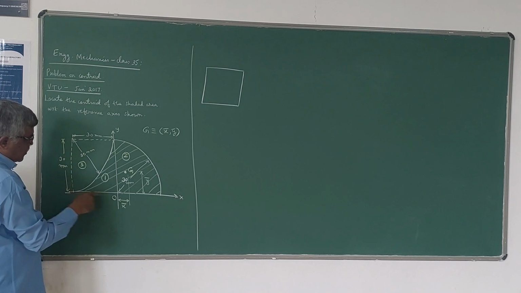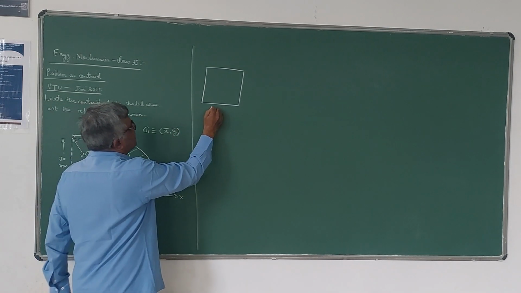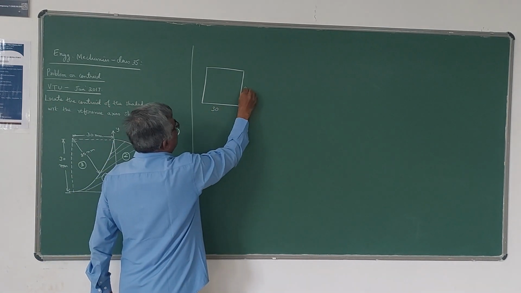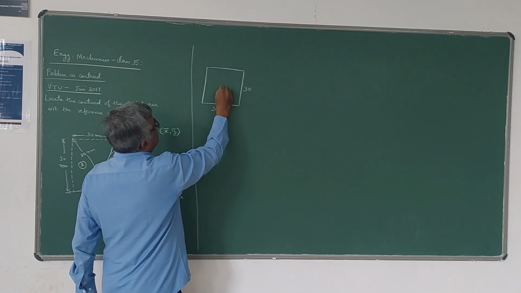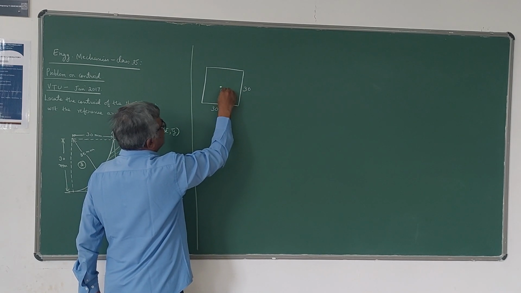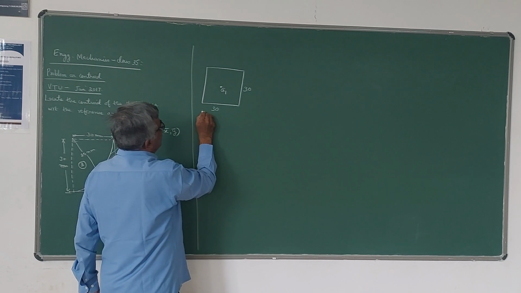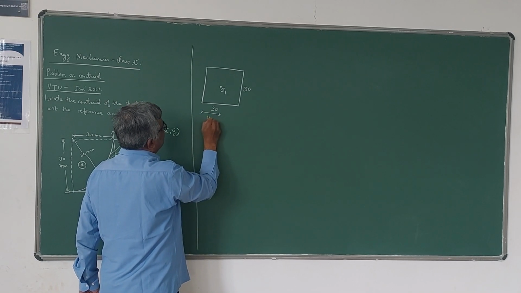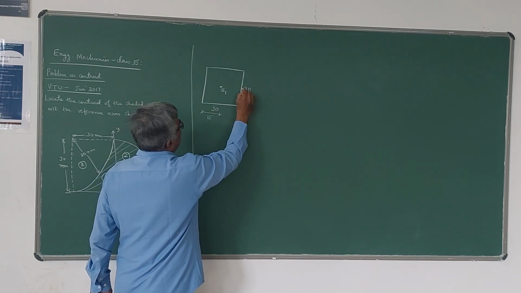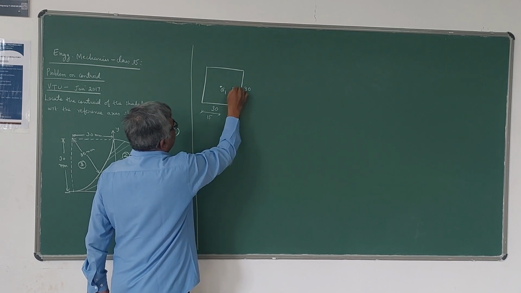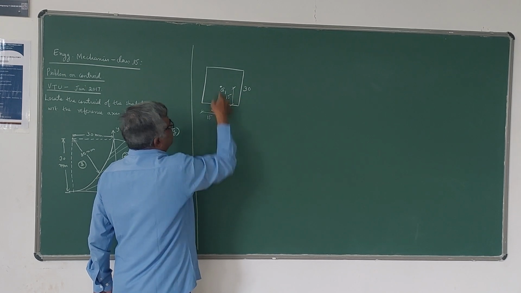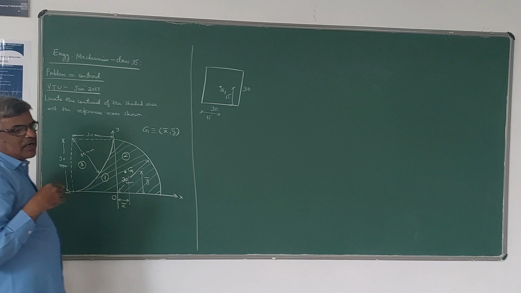The centroid of this I will take as G1. So G1 will lie at a distance of 15 mm from this edge and also 15 mm from this edge. So these are the coordinates of G1.